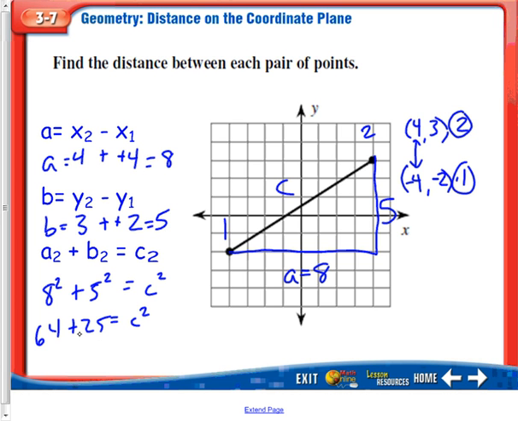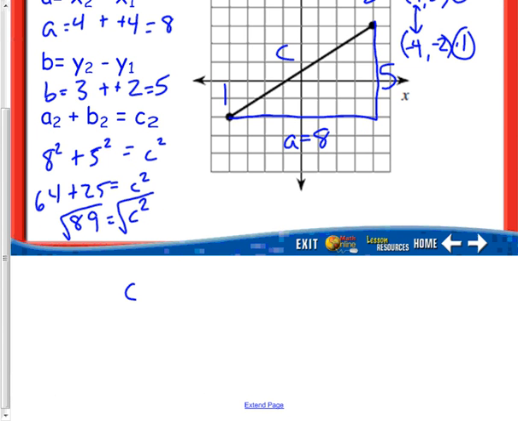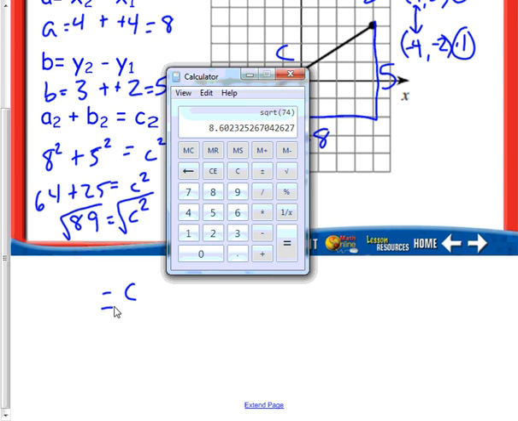And then when we add these two, it would be 89 equals c squared. Then, of course, we want to take the square root of both sides. And so we're going to say that c is equal to, and then we'll go to our calculator. We'll find the square root of 89 to be about 9.4 units.